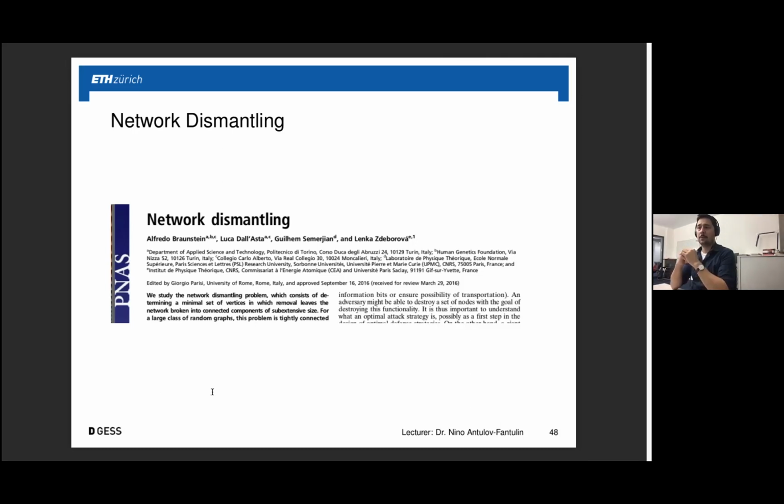Then there were people whose PI was Lenka Zdeborová, and they had a nice paper working on cavity methods, and it is doing the problem of network dismantling that I have just described: how to partition, removing a certain subset of nodes such that your largest connected component comes below a certain threshold.